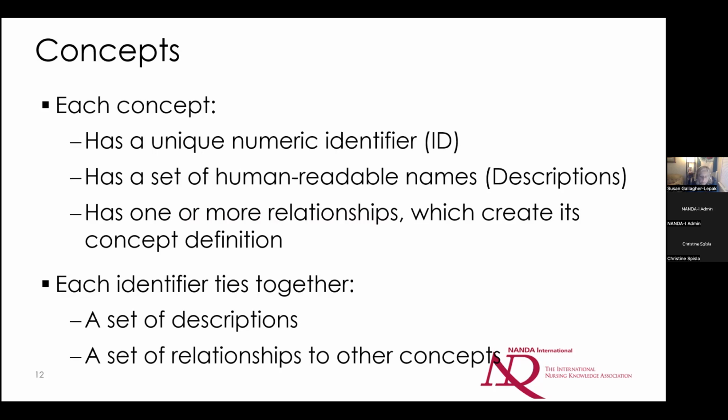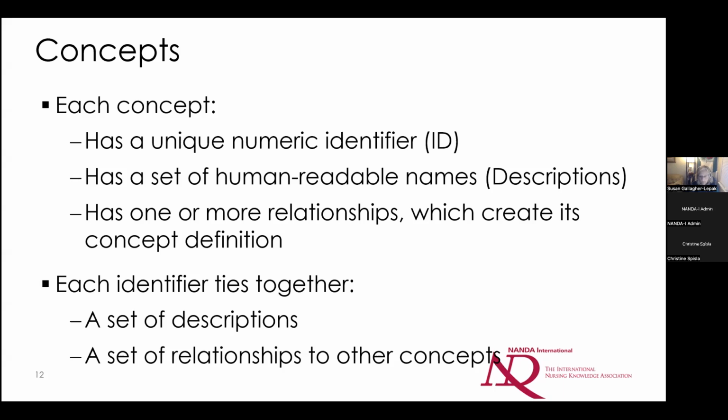Then it has one or more relationships, and the relationships create the definition of the concept, so that this term has meaning, and so you can understand what they mean by this term versus this term. And I've got a really good example of that later on in our presentation. And this identifier, this number, it ties together the set of descriptions, and it ties together the set of relationships.